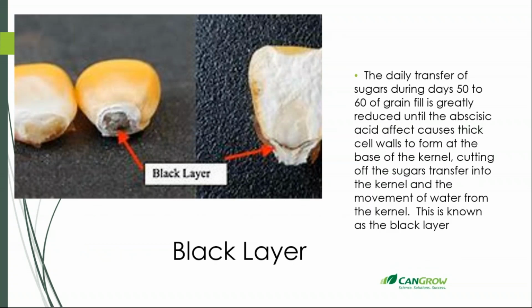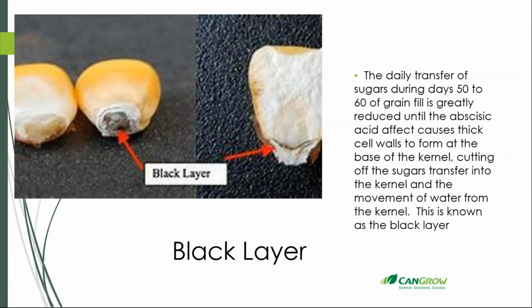So the daily transfer of sugars during days 50 to 60, this is that proverbial black layer that's been changing with the genetics. The daily transfer of sugars during days 50 and 60, the last 10 days of grain fill, is frequently reduced until the abscisic acid effects cause thick cell walls to form at the base of the kernels.